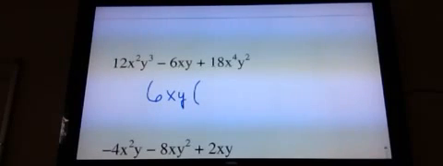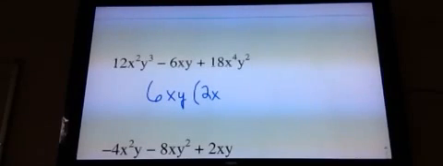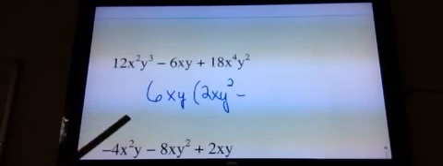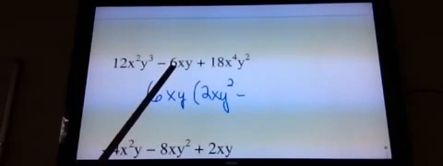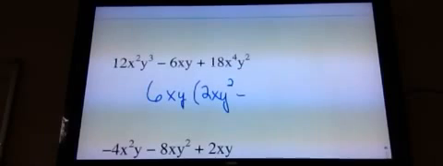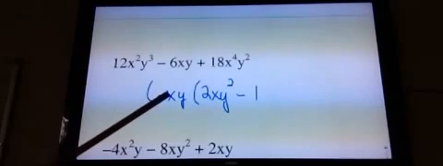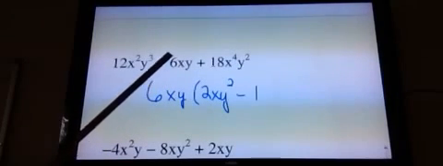6 into 12 is 2. X into x squared leaves me x. Y into y to the 3rd, take 1 from 3, leaves me y squared. Minus 6 into 6 is 1. X into x cancels, took it out.